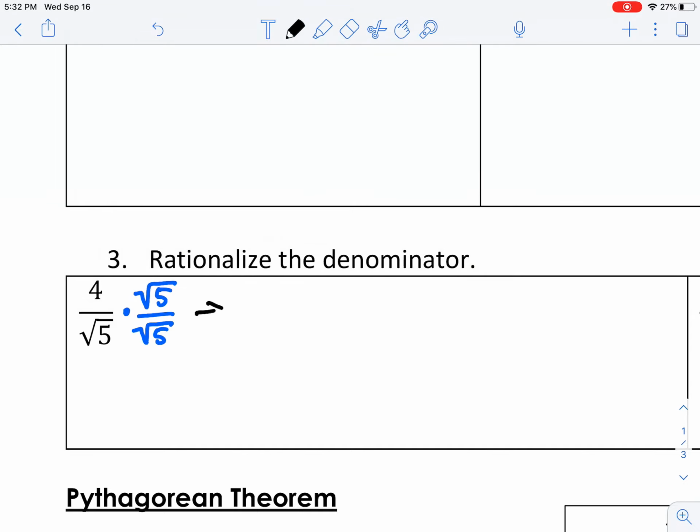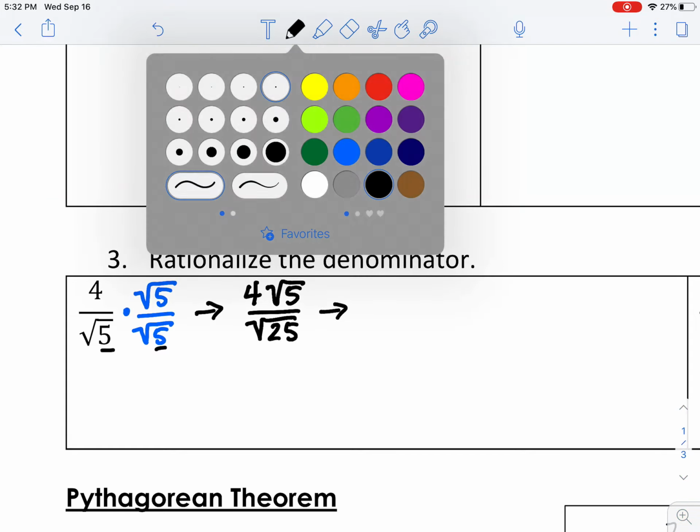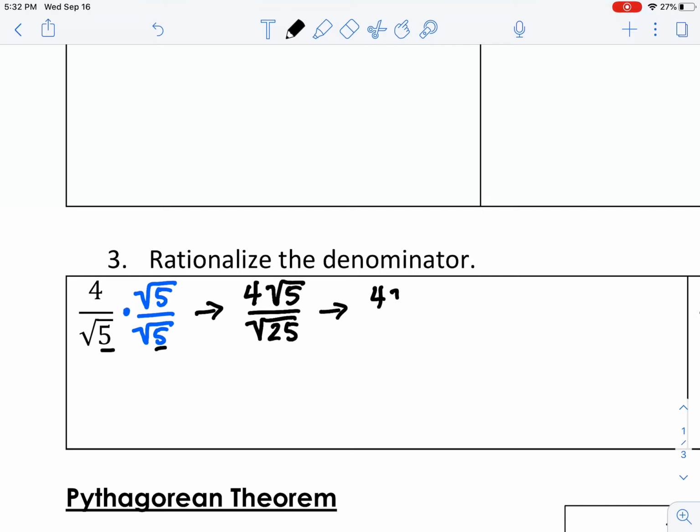When we multiply those, the numerator would just be 4 square root of 5. The denominator, we can put those together under one radical, so that would be square root of 25. And then square root of 25 is 5, so we would rewrite this as 4 square root of 5 over 5.